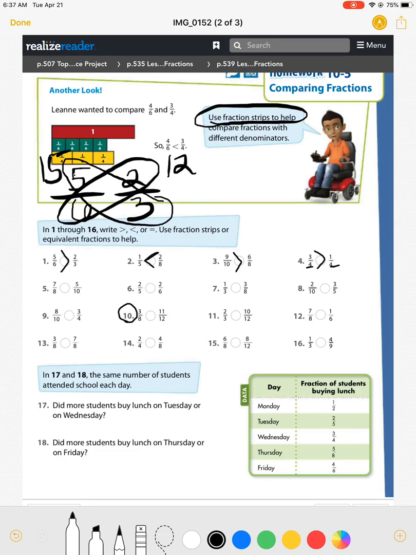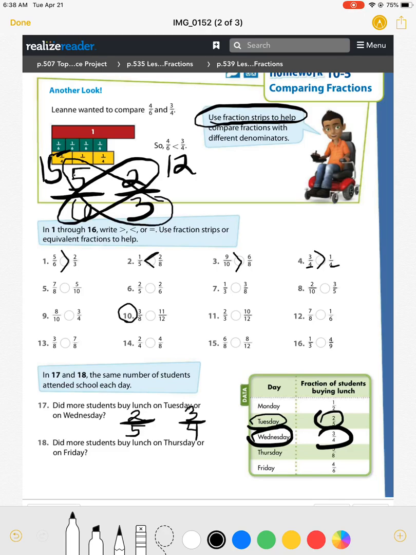Did more students buy lunch on Tuesday or on Wednesday? All right, so we're comparing, here's Tuesday, here's Wednesday. I'm going to rewrite those fractions, 2/5 and 3/4. So, before we cross multiply, I want you to think, how does your numerator relate to that denominator? Is this close to 1 whole, 1/2, or 0?